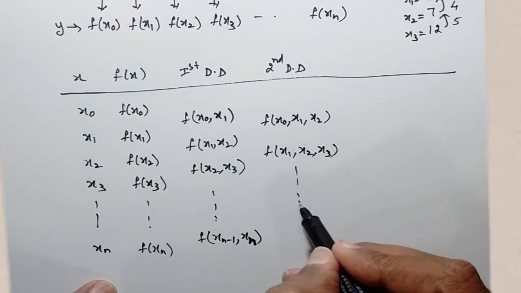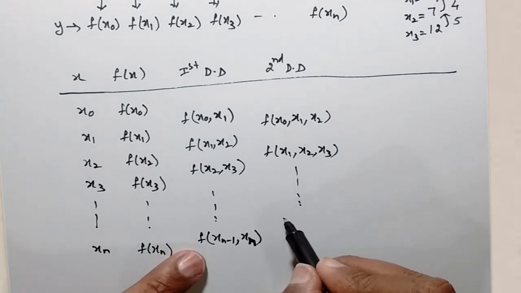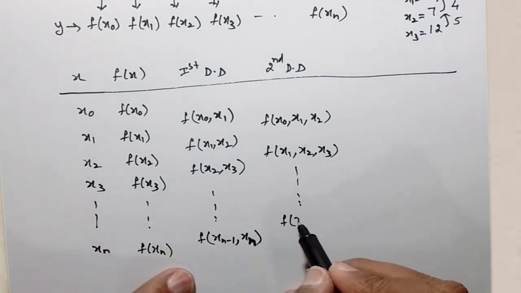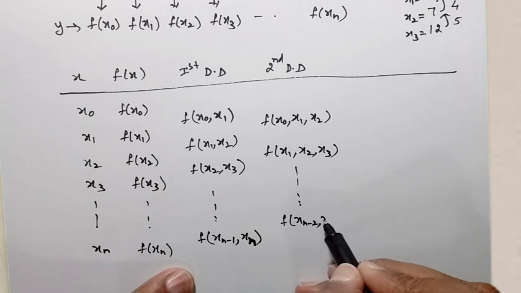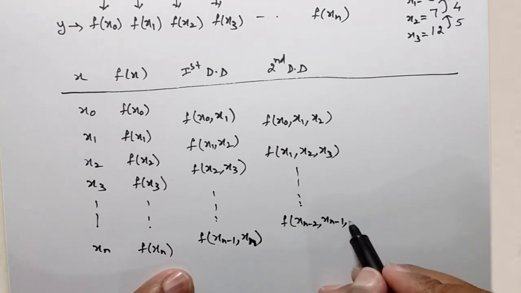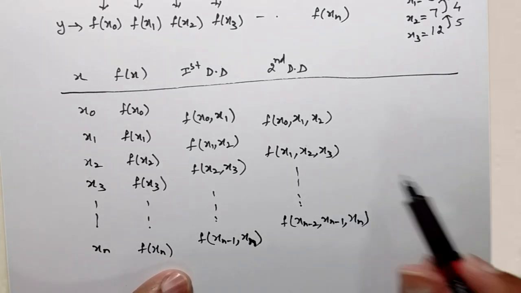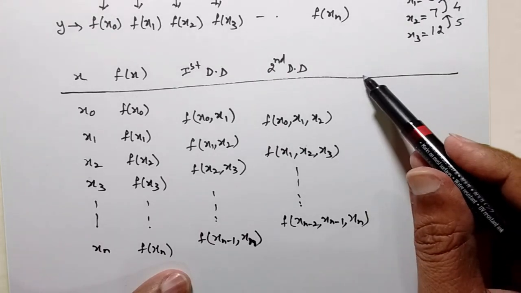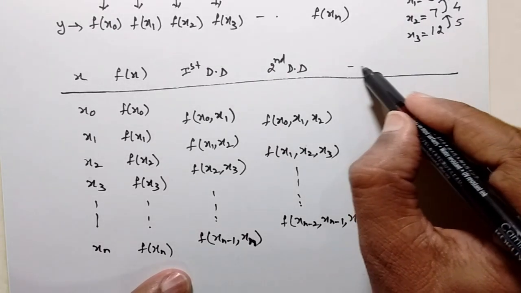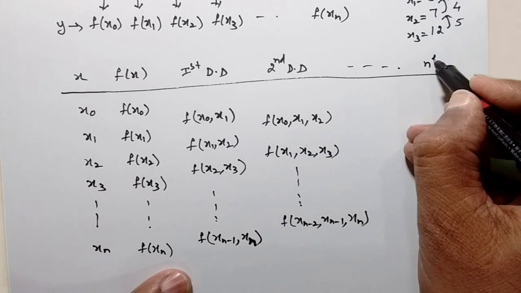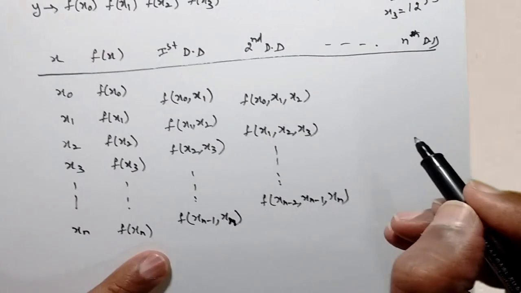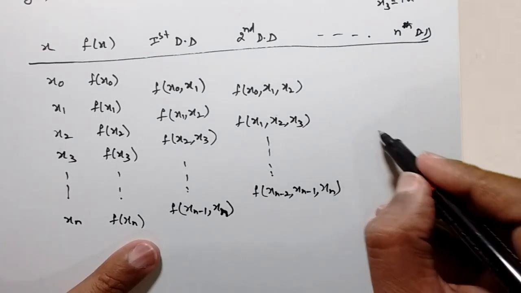So in that way you can just go on writing. Here, when you want to write f of, the previous values will be xn minus 2, xn minus 1 and xn, the second divided difference. Similarly third divided difference, fourth divided difference, go on writing up to the nth divided difference.